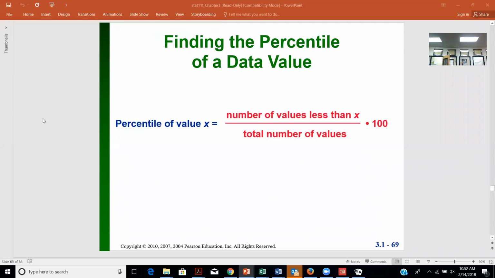So in a data set like this, our measures of the center are all going to give us essentially the same answer.